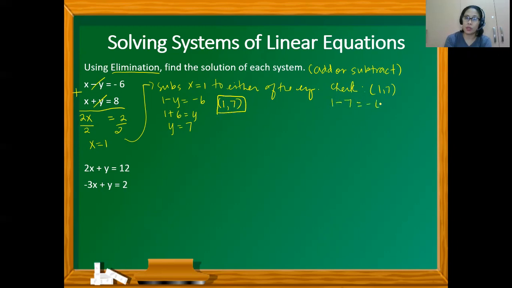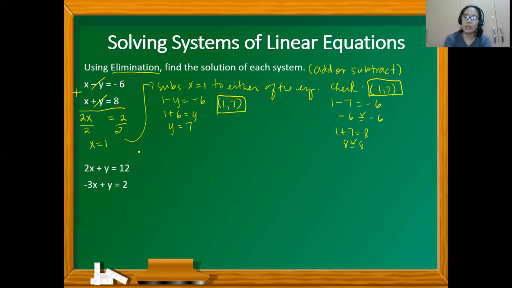Is it equal to negative 6? Really, negative 6 equals negative 6. How about the second equation? 1 plus 7 equals 8. So 8 equals 8. So really, the solution for this system is (1, 7) because this solution satisfies both equations.